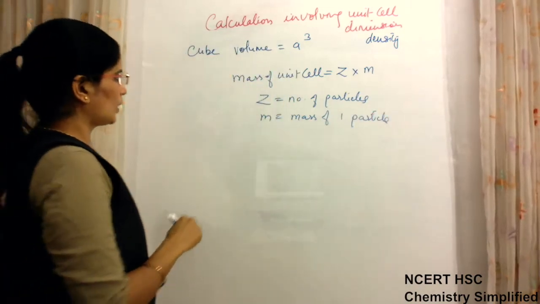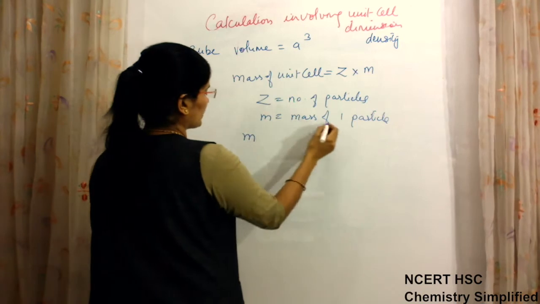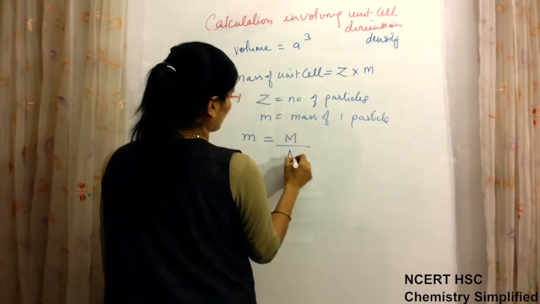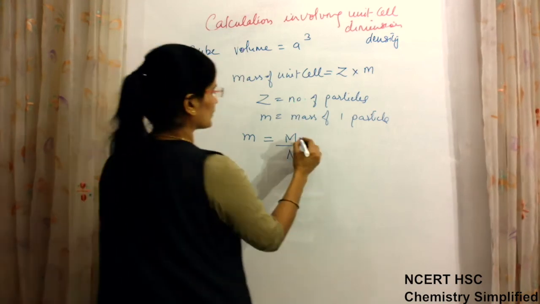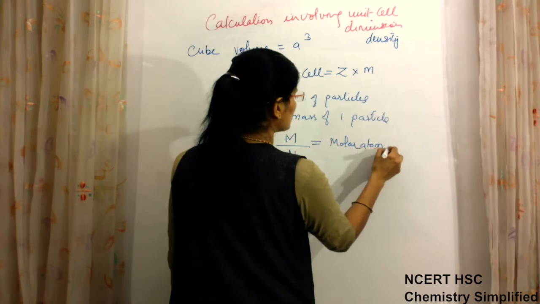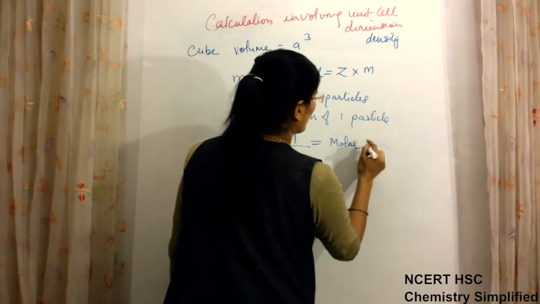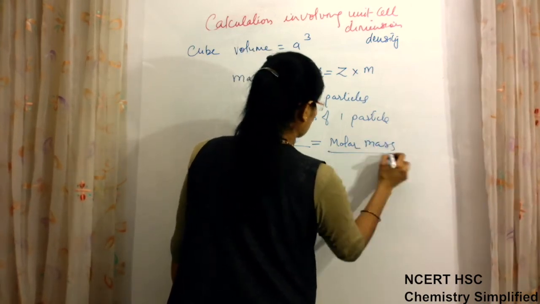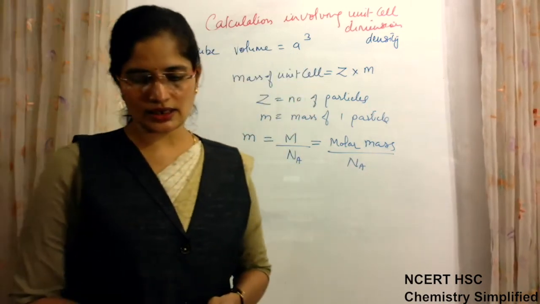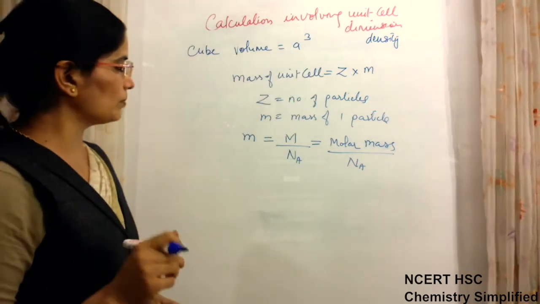Now this mass of one particle can be calculated from M upon Na. What is this? M is the molar mass, or atomic mass if atoms are the constituents, and Na is the Avogadro number, because the mass which is written is actually the mass of 1 mole of the substance.